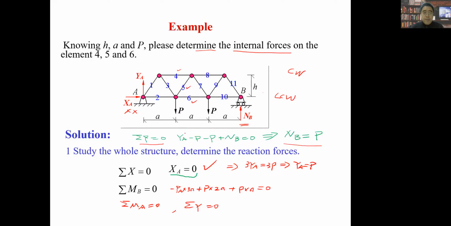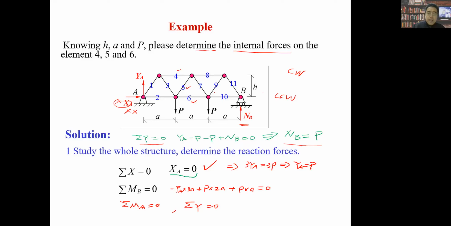So after all our calculation, you can find that XA equals 0, right? And this whole structure also has a symmetrical axis along this vertical line. So this 2P is also symmetrical about this vertical line. So from the symmetrical point of view, YA should equal NB, each equal to half of the total P. Total P is 2P, so YA equals NB equals 1P, right?